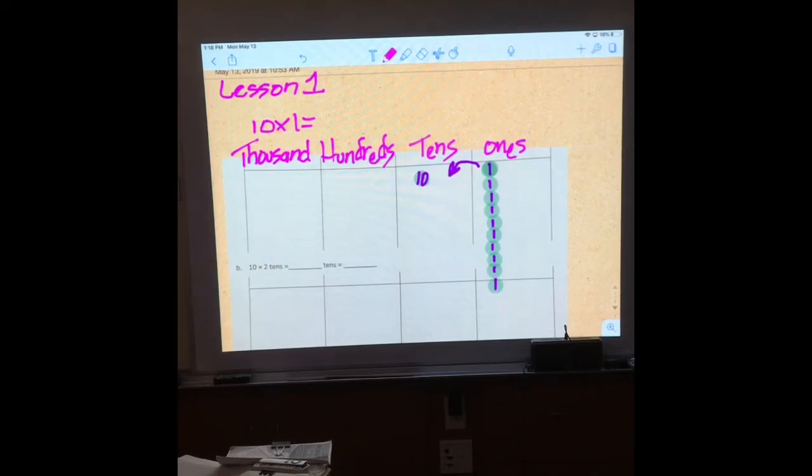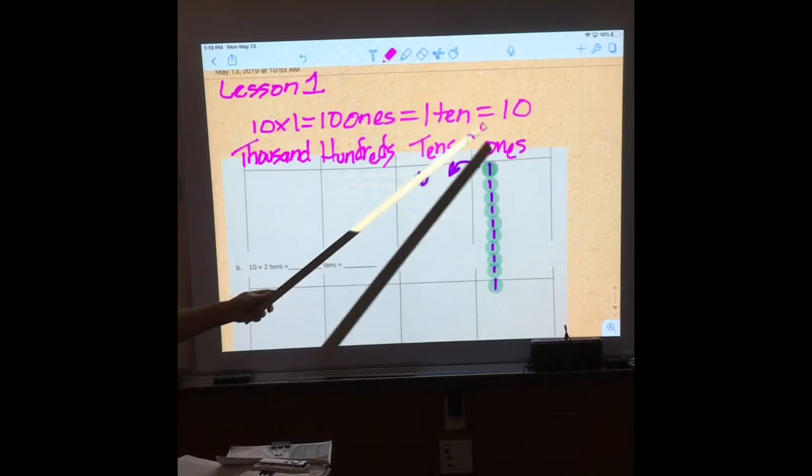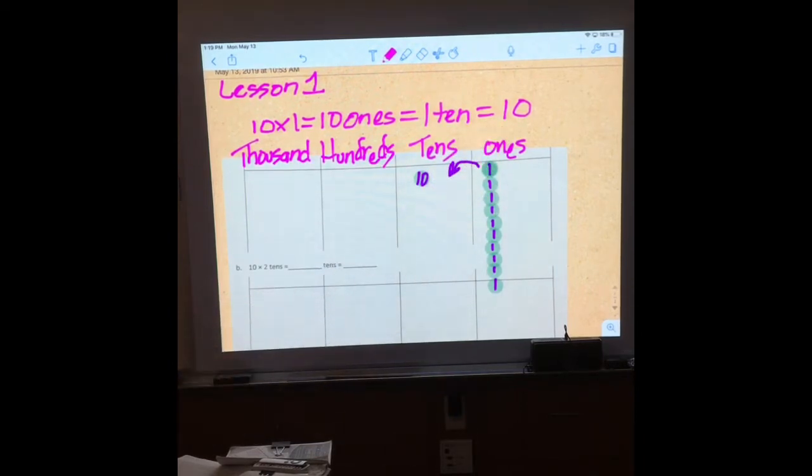Is that what it would be? 10 times 1 is 10 ones, which would equal 1 ten, right? All right, so I'd have 10 times 1 equals 10 ones, which equals 1 ten, and we would write it out in a numerical way as 10.